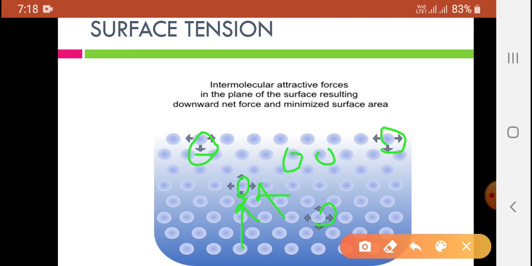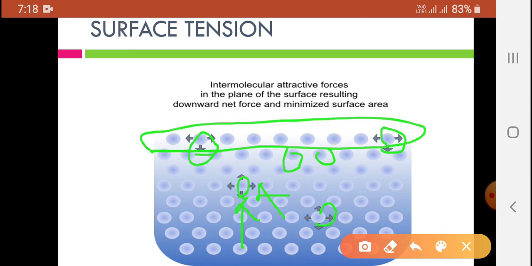So these attractive forces are different at the surface level. There is a difference in the attractive forces for molecules which are present in the depth and the molecules which are present on the surface.